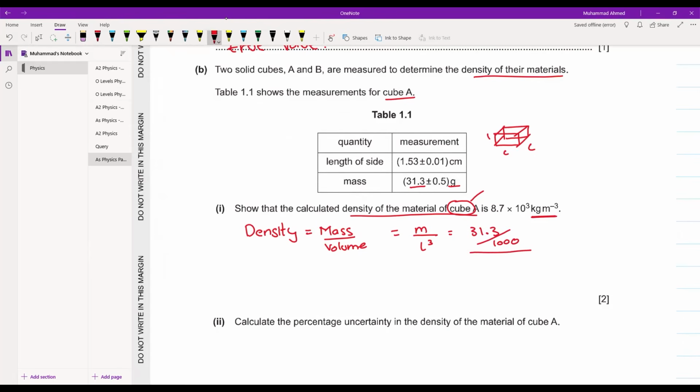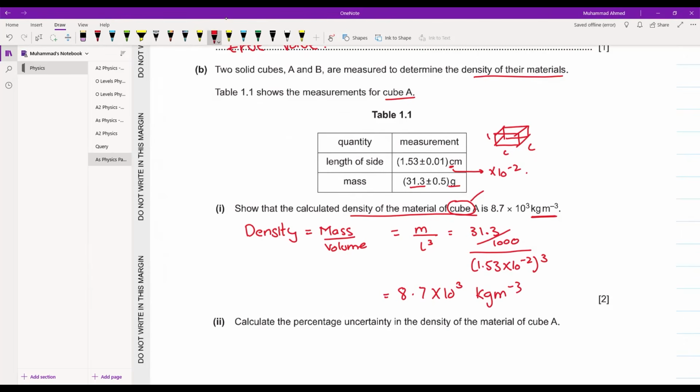Also, your length is given in centimeters, so convert it into meters: 1.53 times 10 raised to the power of minus 2, cubed. Whenever you see the prefix centi, you multiply by 10 raised to the power of minus 2. Your answer comes out to be 8.7 times 10 raised to the power of 3 kg m minus 3.